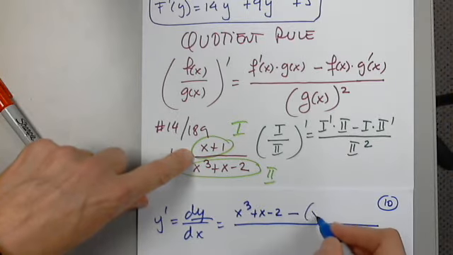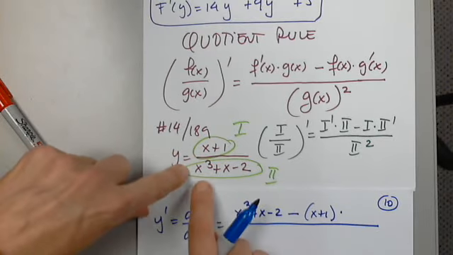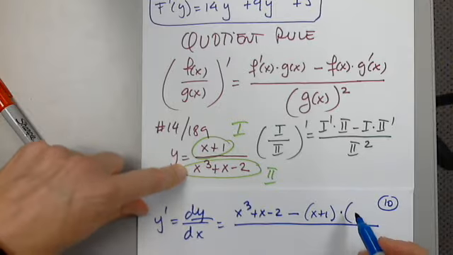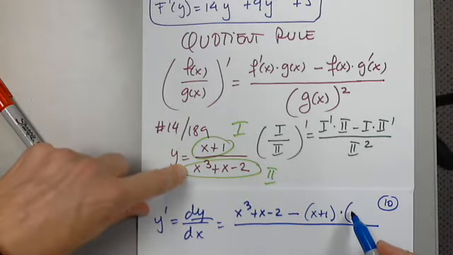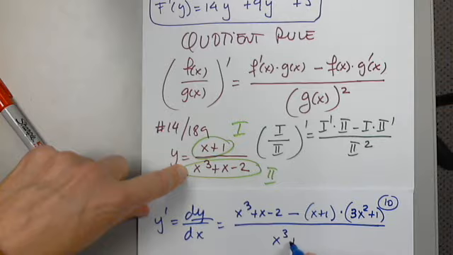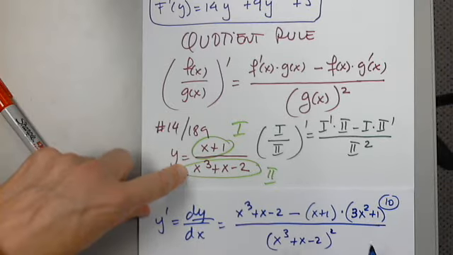I copy the top function in parentheses, and I differentiate the denominator. What is the denominator prime equal to? Plus 1. Very good. And all I have to write is x cubed plus x minus 2, everything squared.